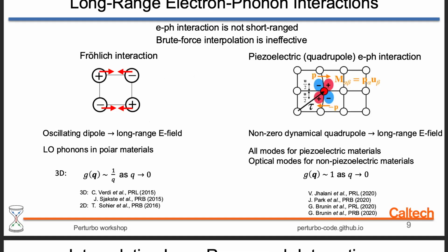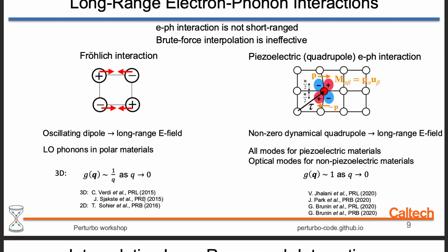And for longitudinal optical phonon modes with long wavelengths, so Q close to zero, in 3 dimensions the coupling from these modes will go with one over Q. So it diverges. In 2D, I don't think it diverges, but it's still strong, and there's still a long range contribution.